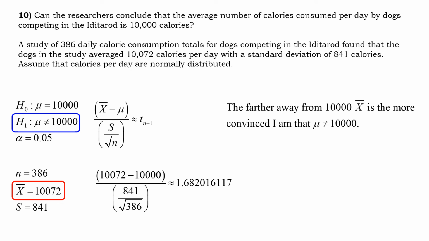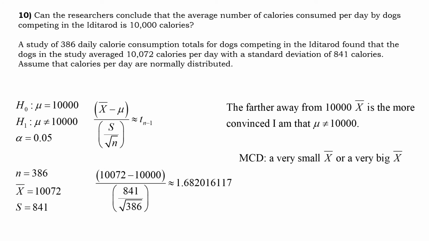The farther away from 10,000 the sample mean is, the more convinced I am that the population mean is not 10,000. Now, this gives us two options. When it comes to more convincing data, x bar could be very small, meaning much less than 10,000, or very big, meaning much more than 10,000.